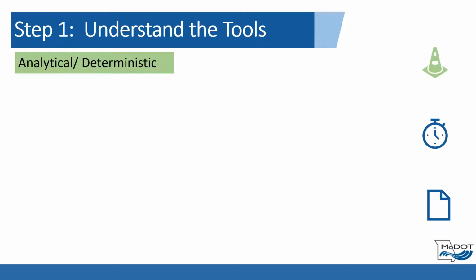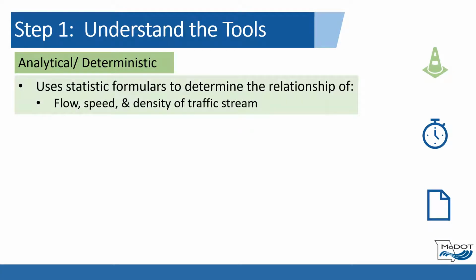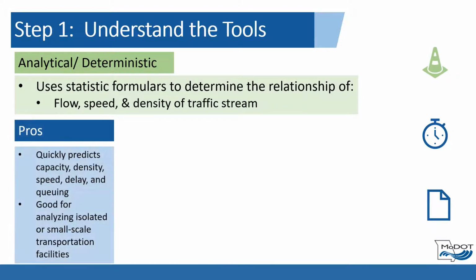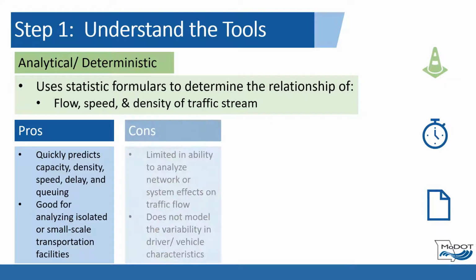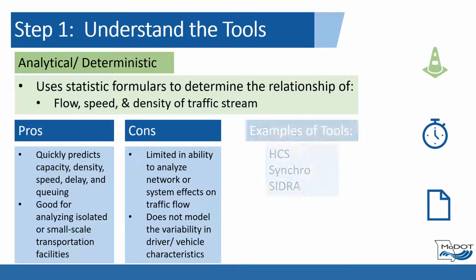Analytical deterministic tools use static formulas to determine the relationship of flow, speed, and density of the traffic stream. These tools are good at quickly predicting capacity, density, speed, delay, and queuing, and at analyzing isolated or small-scale transportation facilities. Keep in mind that analytical tools do not account for the variability in driver behavior and vehicle characteristics.